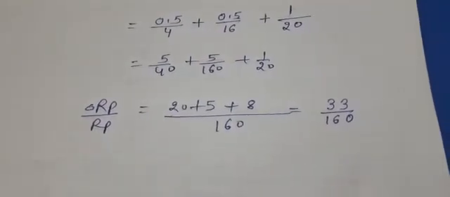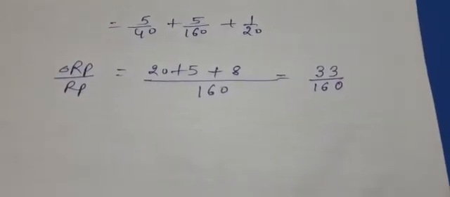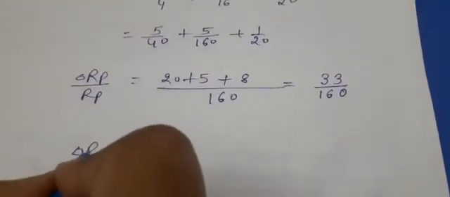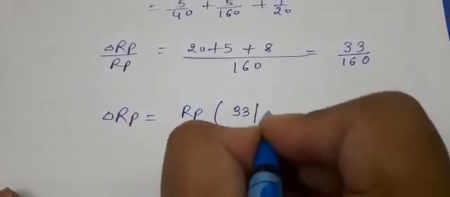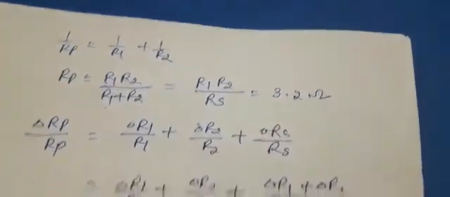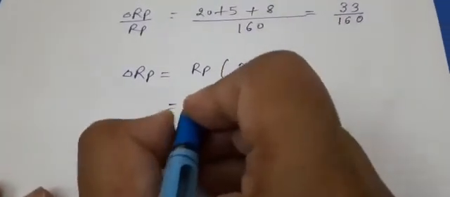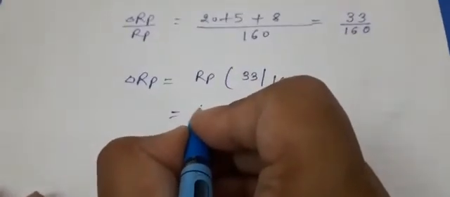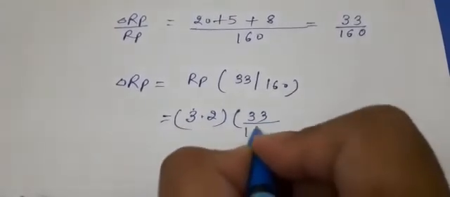Now here RP we have obtained from the previous calculation, that was 3.2. So if you have to calculate del RP, it is RP into 33 upon 160, and when you substitute the value of RP, it comes out to be 3.2 as I have explained earlier. So you will get 3.2 into 33 by 160.